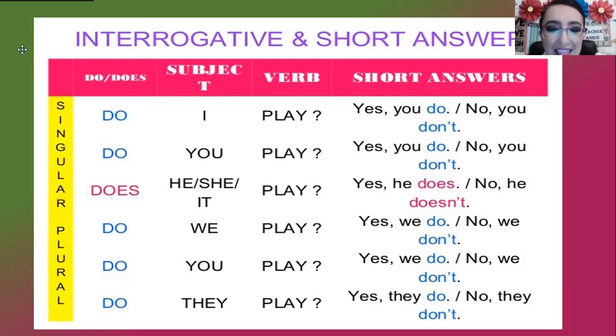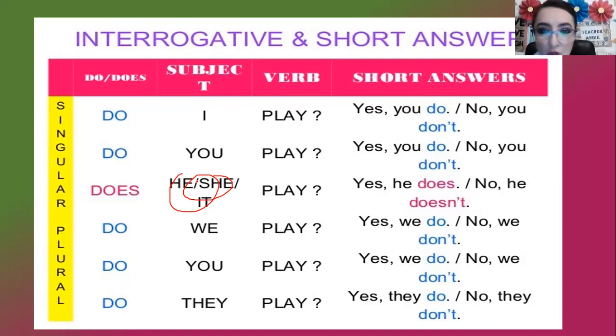Easy or difficult? It is going to be kind of easy, right? Well, do I play? Do you play? Does Luis, Carlos, my neighbor, my cousin, my brother, my father, my sister? That is going to be that.